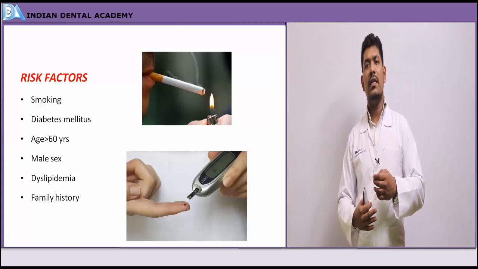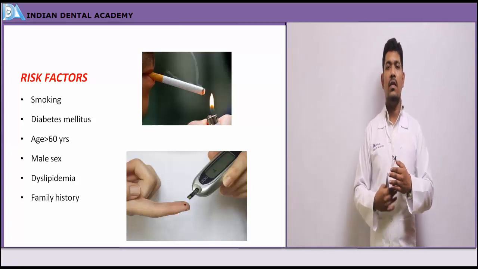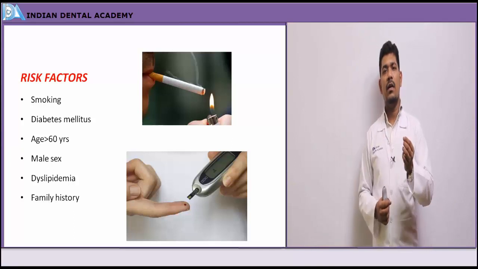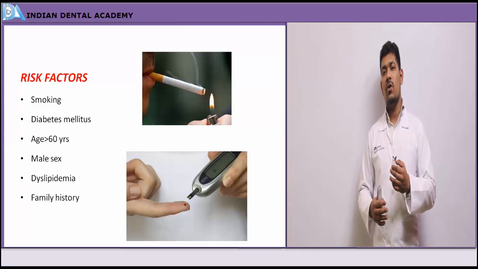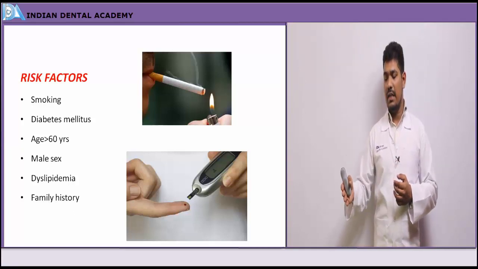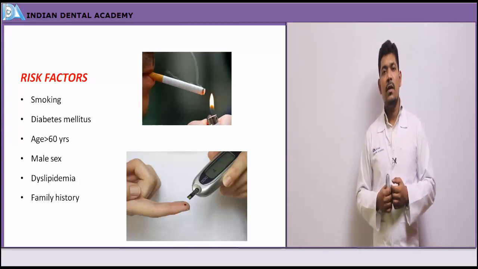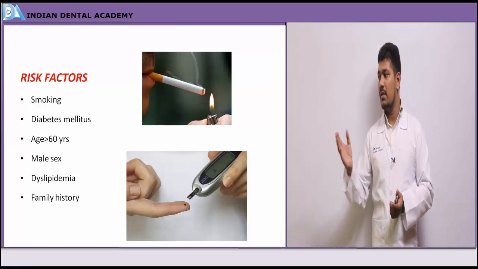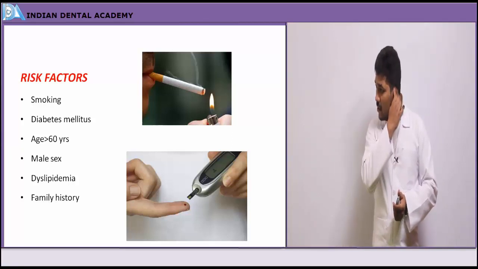And obviously, there is also an established genetic link between hypertension, the progression of hypertension, or the onset of hypertension in your progeny, because of the genetic link between hypertension and this particular condition.